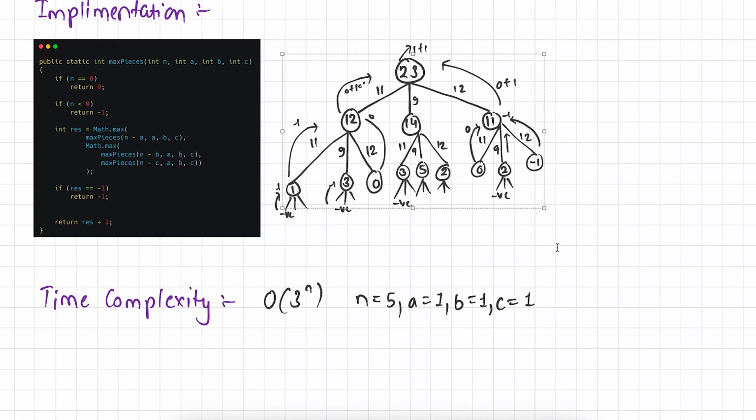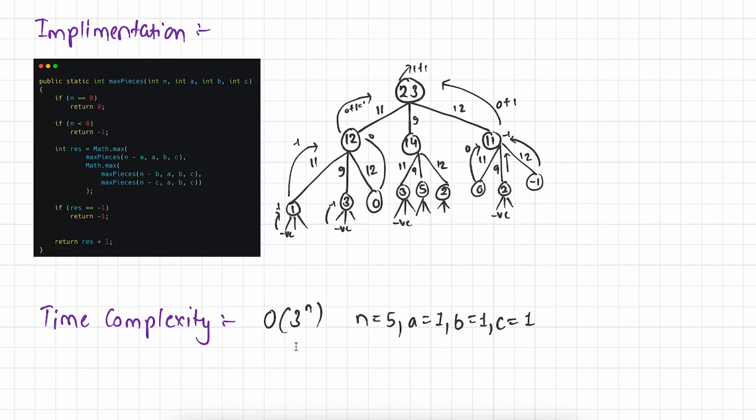So what is the time complexity of this function? Now here the time complexity depends upon the values of a, b and c. So let's say in the worst case the size of rope is 5 and the sizes of cuts are 1, 1 and 1. So how many cuts are we going to make? We are going to make 5 cuts, okay?